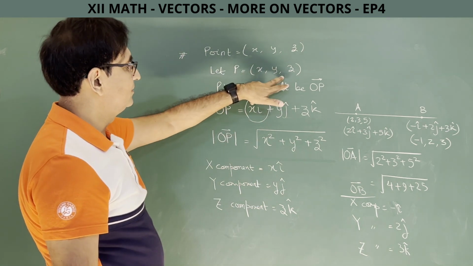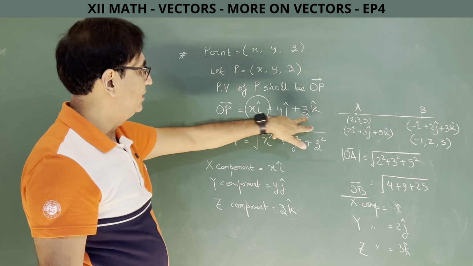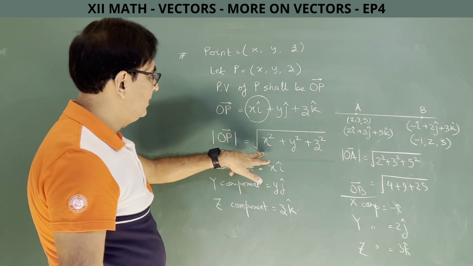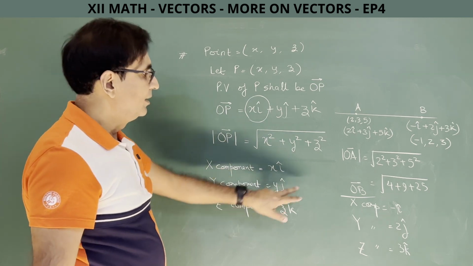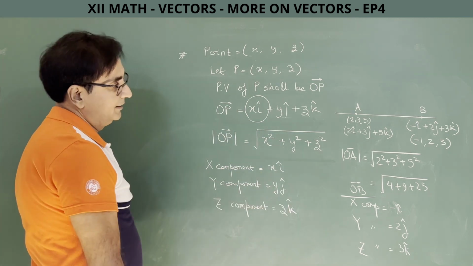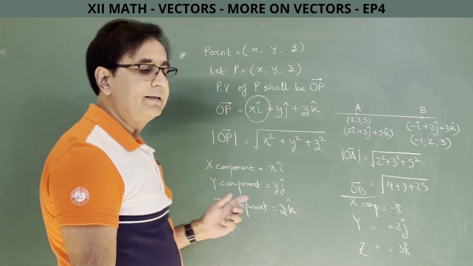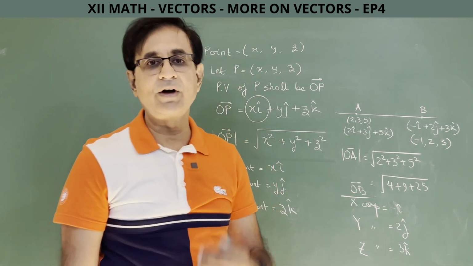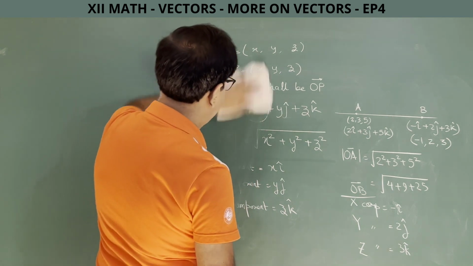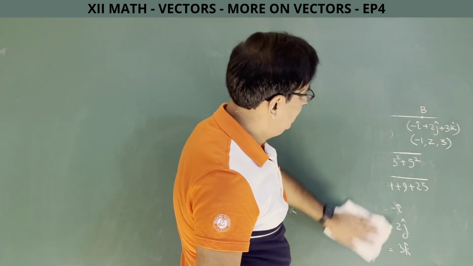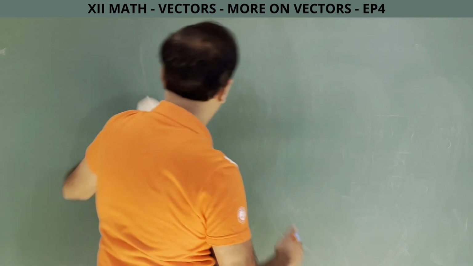You know the coordinates of the point, you can make its position vector, you have a vector in terms of ijk, you can find its magnitude, you can find its x component, y component and z component. But how do you find the direction of a vector expressed in terms of ijk? That is a topic which we will be taking in the next episode. Now, let me clean the blackboard and do the next topic.